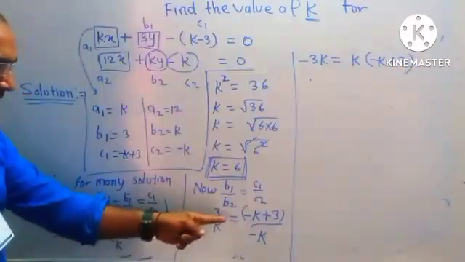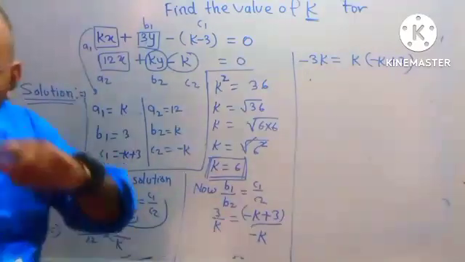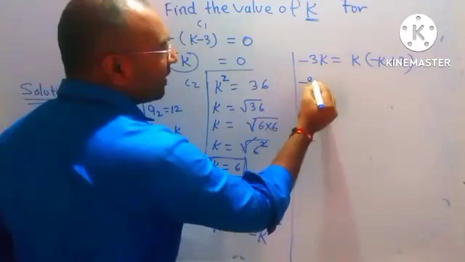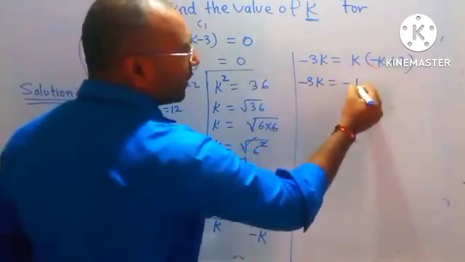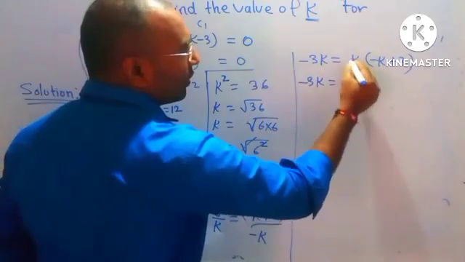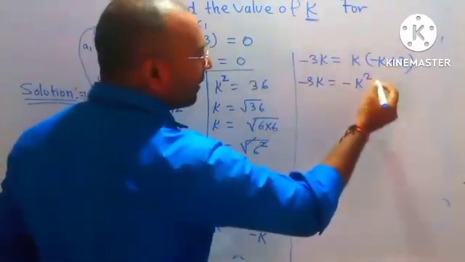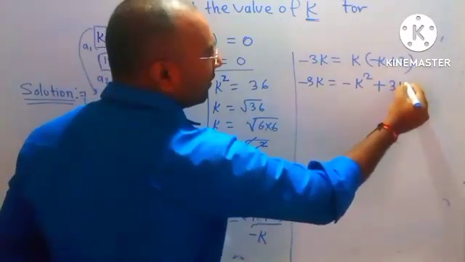Now between the fractions, what's the sign? Equal sign. So we multiply cross-wise. Minus 3k is equal to plus into minus, minus k into k, k square, and this one is also plus, so plus 3 into k, 3k.